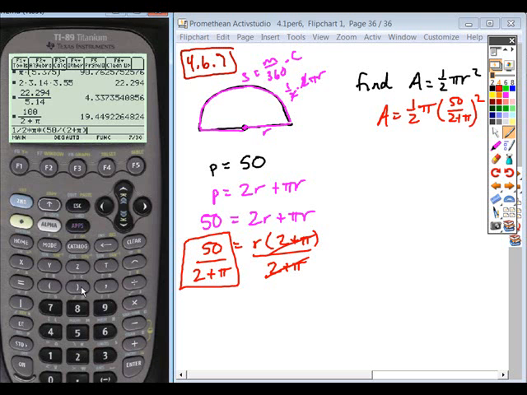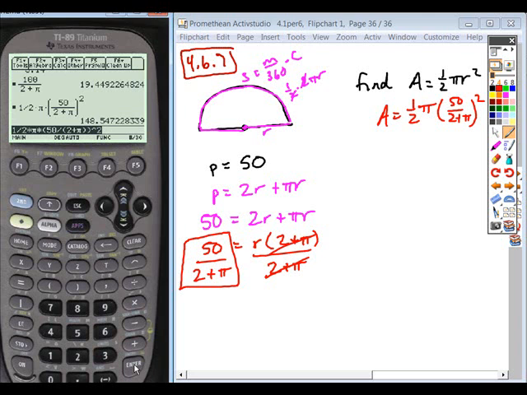Close off the parentheses in our denominator, close off the parentheses for our whole fraction, take it to the power of 2. Okay, now, if I want this answer in decimal form, if you plan ahead, you can hit the diamond button, or you can put a decimal after the 2. And you get your area to be 148.5472, depending on how many decimals they want.